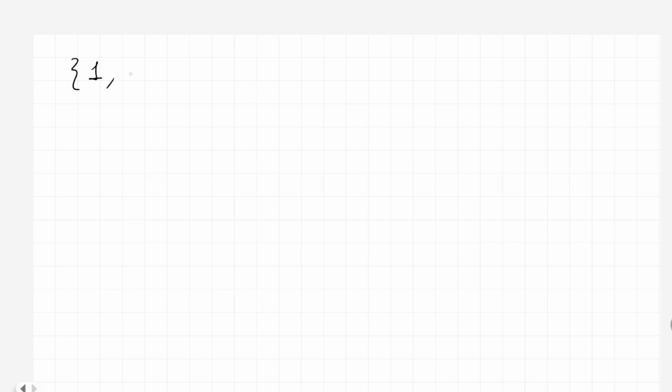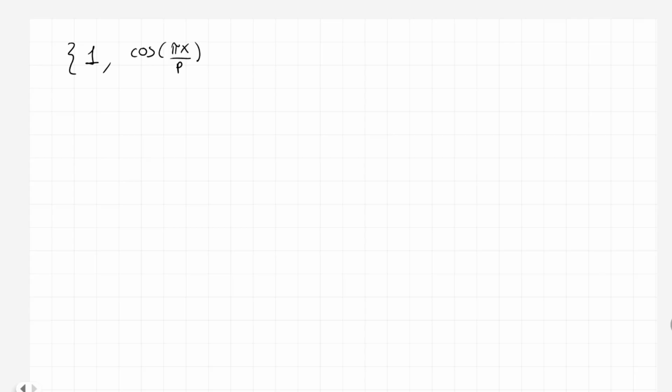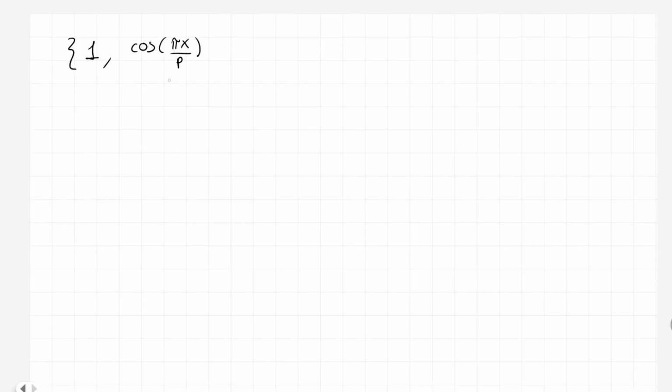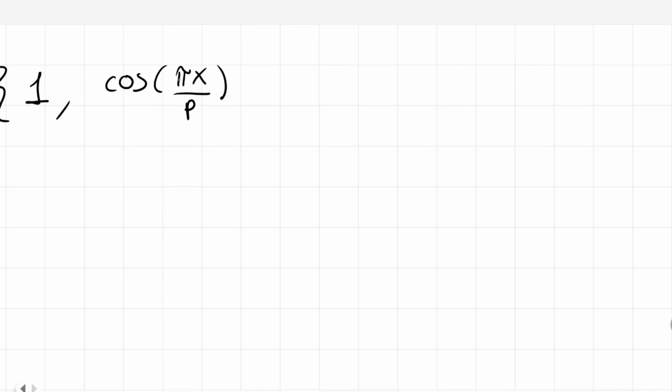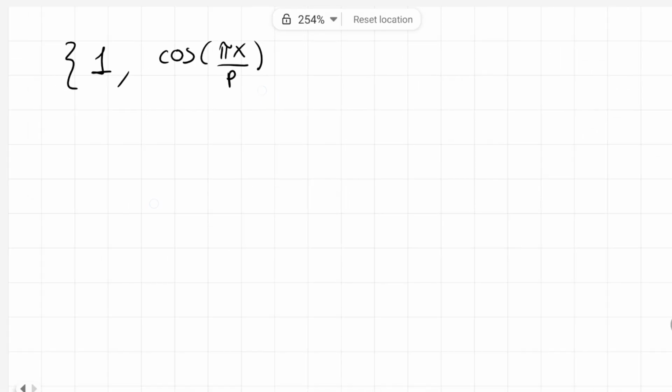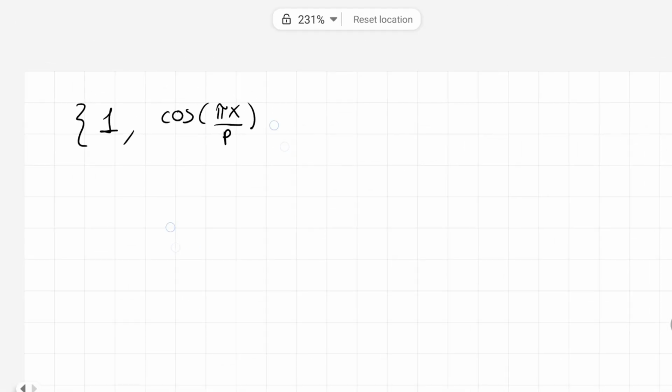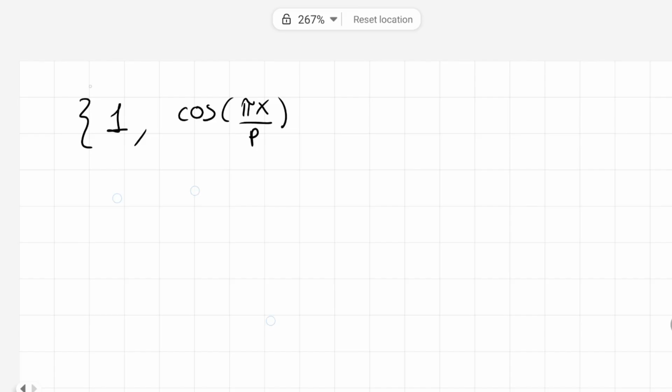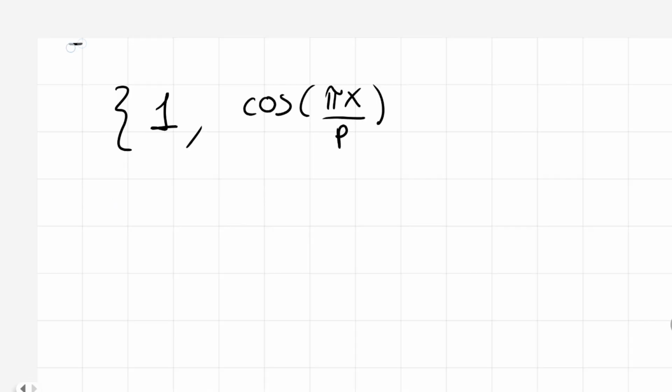The first one will have the structure cosine of pi x over p. As you saw in that previous video, we were talking about orthogonality in some given interval. In this case, since we are dividing pi x over p, this set is orthonormal in the interval minus p to p.